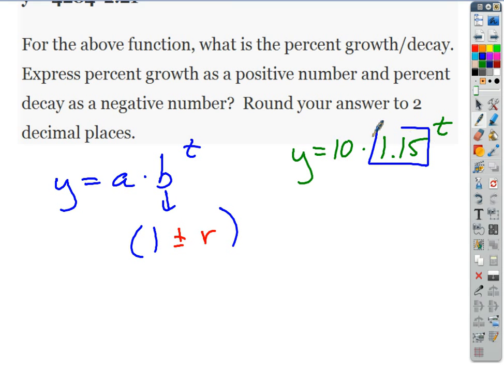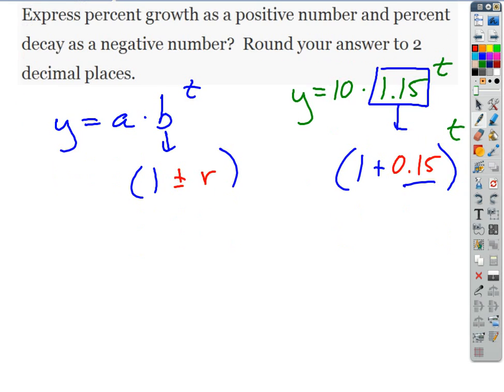If I write that in the form 1 plus something to the t, well, what's the something? 1.15 equals 1 plus what? 0.15, right? Plus 0.15. And so that is r, right? That's the rate. Now, that's as a decimal.